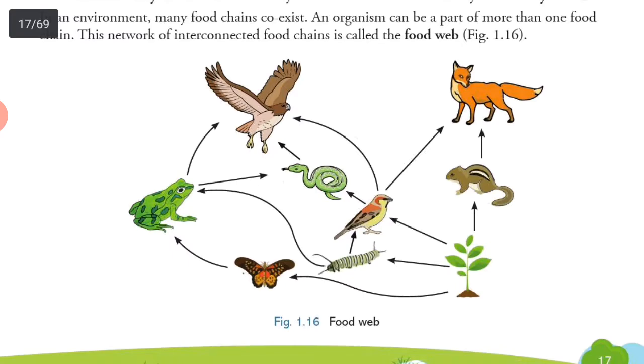You can see in the food web, plants are eaten by insects, insects are eaten by, for example, frogs, and frogs will be eaten by snakes. You can see so many arrows from one point to another. A food web is an interconnected network of food chains.